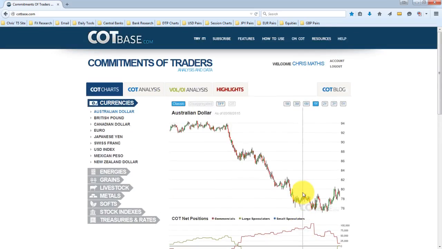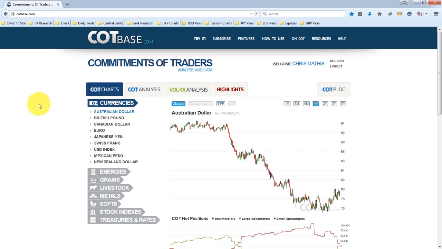And by the way, this website here is called cotbase.com, and I highly recommend it for analyzing COT data. It has so many more features than most of your other places. Obviously, there are some places where you can get some free COT data, but it's nothing compared to what you get here.